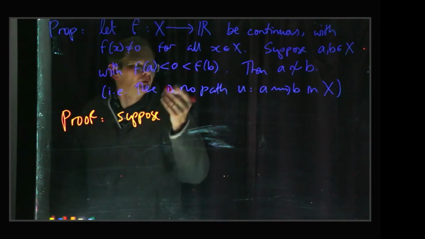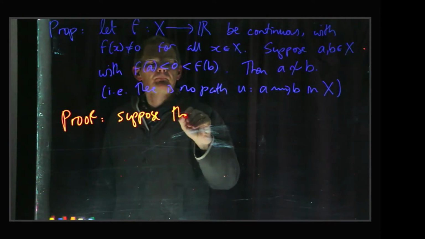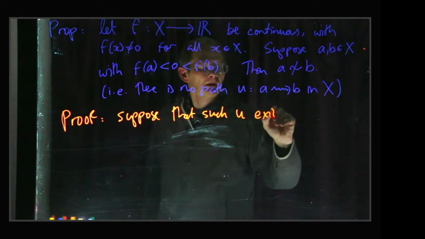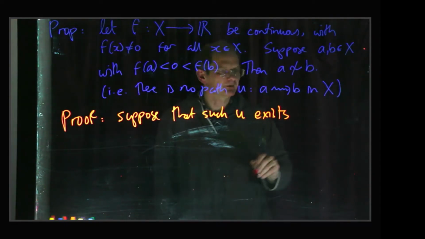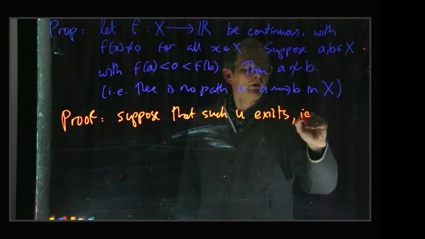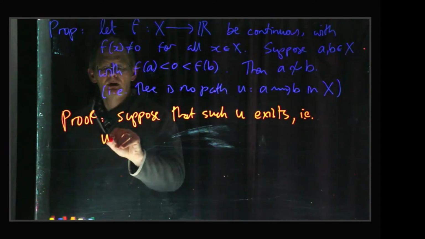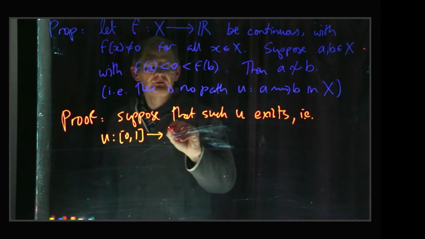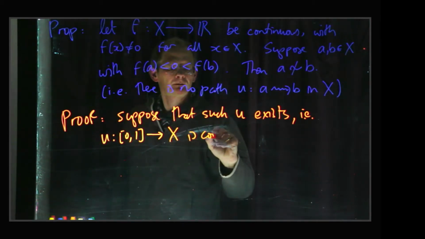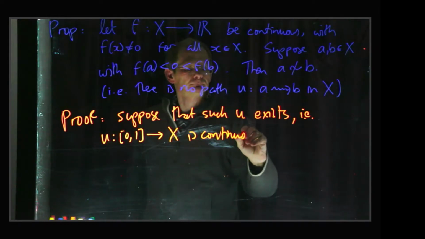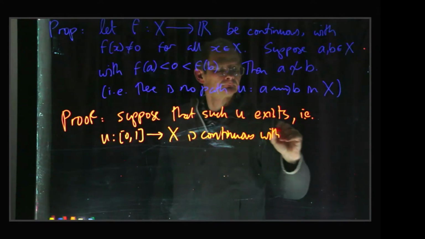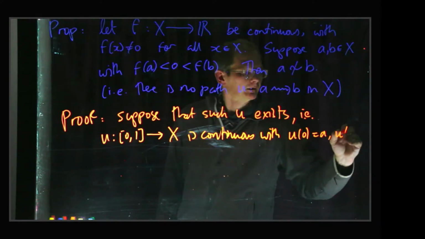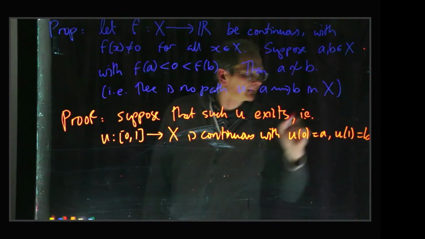So we're going to suppose for a contradiction that some such path u exists. So that means that u is a continuous map from the unit interval to X. u of 0 is A, u of 1 is B. Okay.